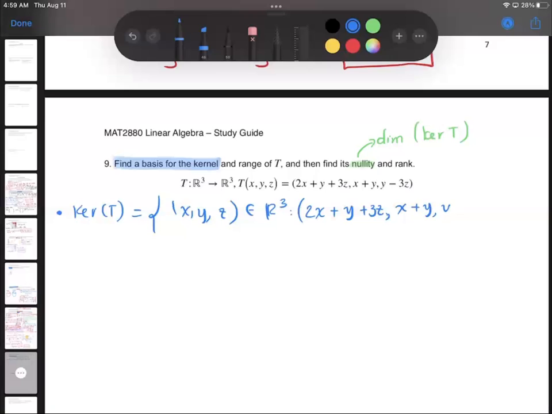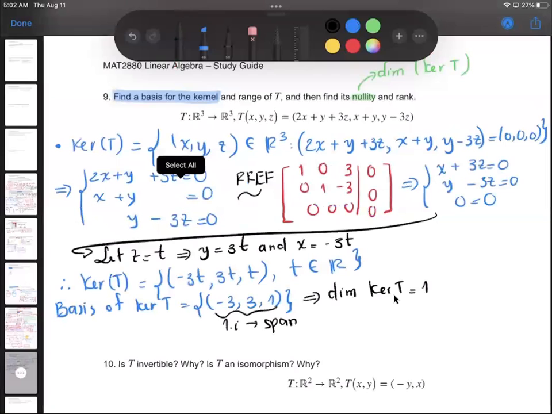All right, now we find the basis of the range T. We kind of did it there in red. By the way, we're looking for the rank.